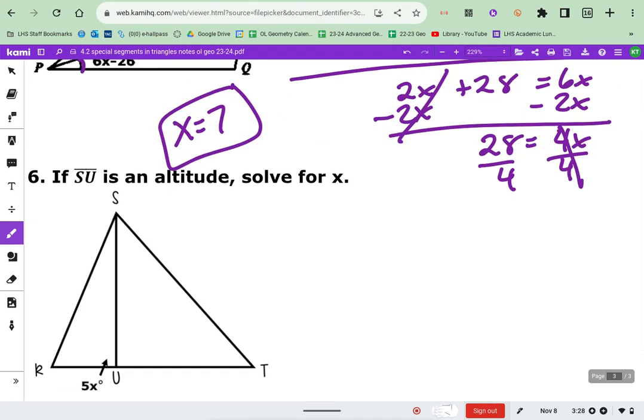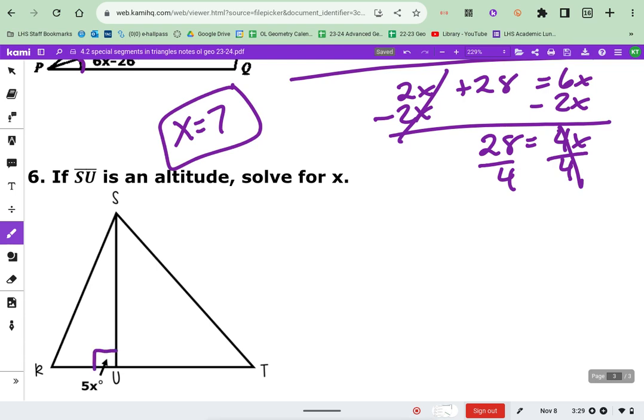Okay, so if SU is an altitude, solve for x, which means we have to remember what is special about an altitude. Look on the front of your notes. It starts at the vertex, and then it's what to the opposite side? Perpendicular. That's the special thing about the altitude.